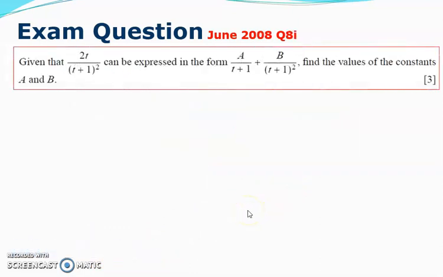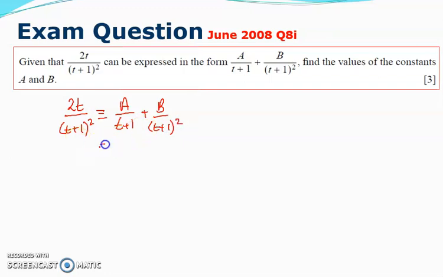Second, now this is a partial fraction. So it tells us this can be written like this. Now this is a bit kind really. It doesn't expect us to remember, it just tells us it. So that's nice of them. So they're saying 2t, change a letter, usually they're x's, but other than that it's the same, is identical to A over the first one plus B over the repeated one.